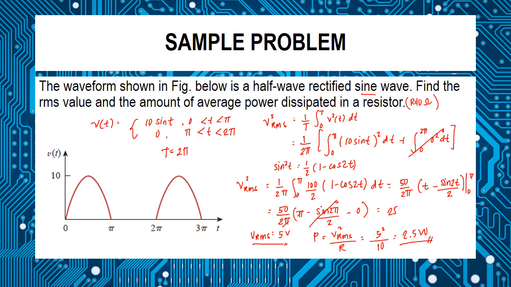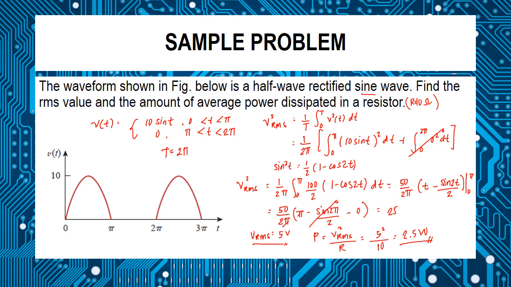So we will be having here 10 squared, so 100 sine squared t. We can use the identity sine squared t equals 1 half times 1 minus cosine 2t for us to integrate it easily.